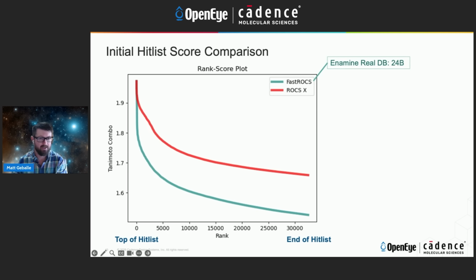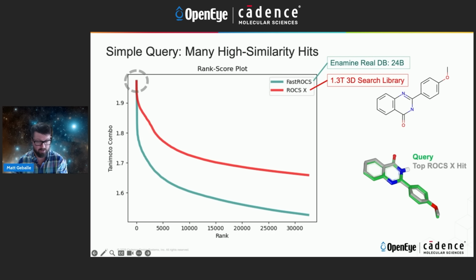So in the teal, we're looking at the FastROCS search of the enumerated REAL database, so 24 billion molecules. And on the right, we're looking at our search using ROCS X of the 1.3 trillion molecule library, again doing only 1.3 million samples there. This is a search of one of our queries, a relatively small query.